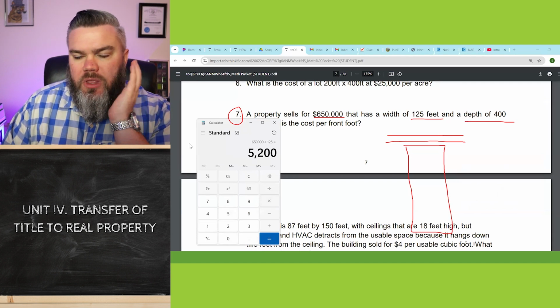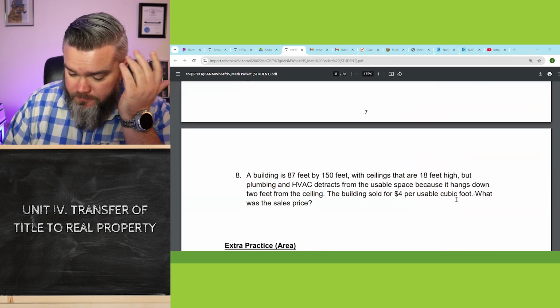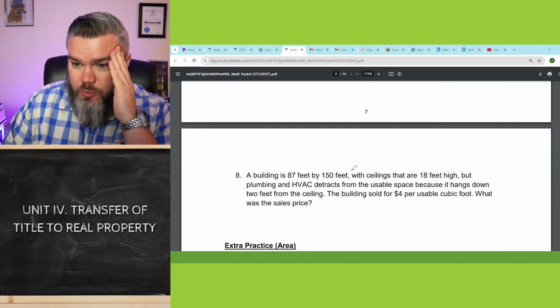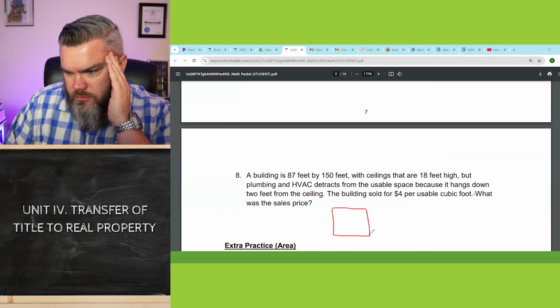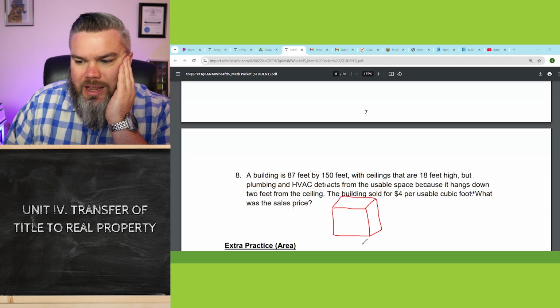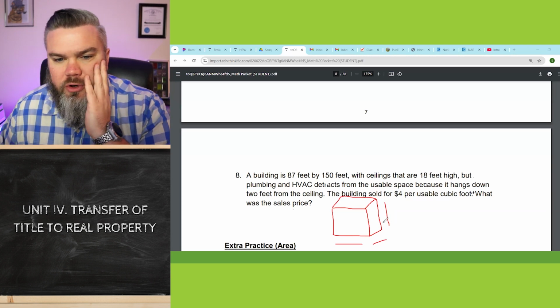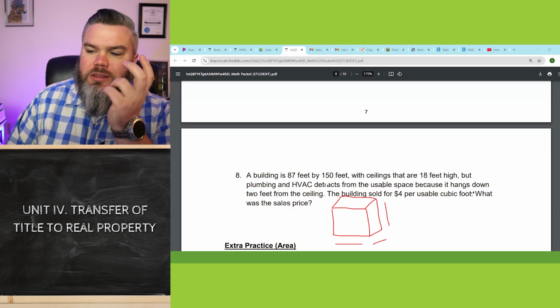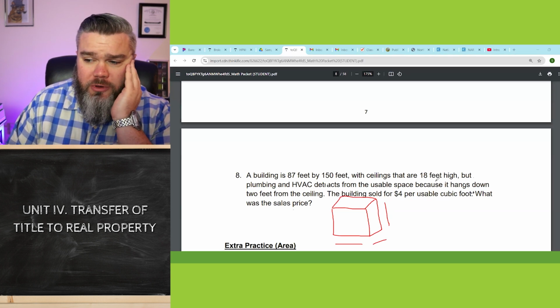Now, of course, the complexity level does go up because I told you they start introducing things like cubic. If you don't remember cubic, that is three-dimensional, right? If you're dealing with something three-dimensional, not just from a flat plane. You've got your building, your cube, whatever it is. You would do length times width times height to get your cubic footage. And so if you got a question like this, it's wanting to know what it costs based on usable cubic feet.